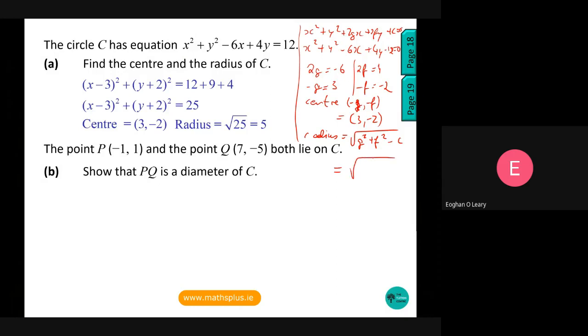So it's equal to the square root of minus 3 squared plus 2 squared minus c. So it's going to be minus minus 12, because c is minus 12. When you square all that and simplify it, you're going to get 25 underneath the square root, and that is going to give you root 25, which is 5, and that's going to be your radius.